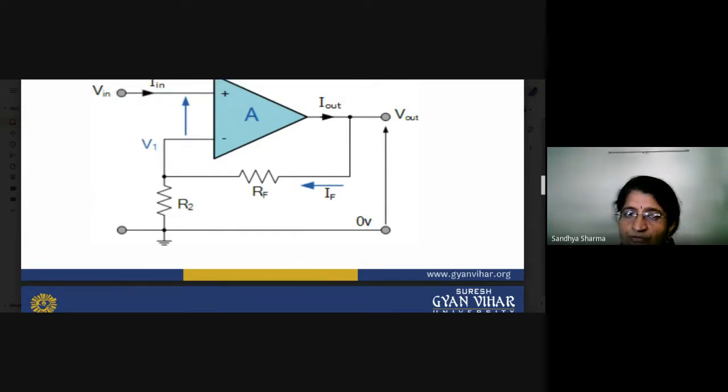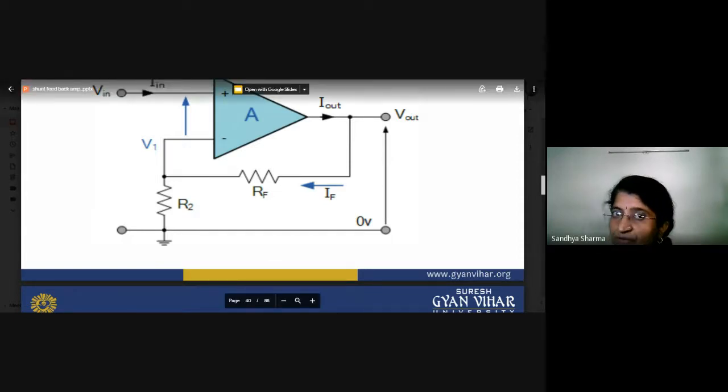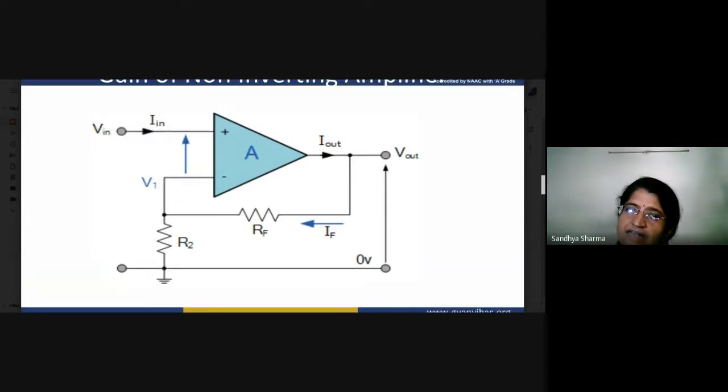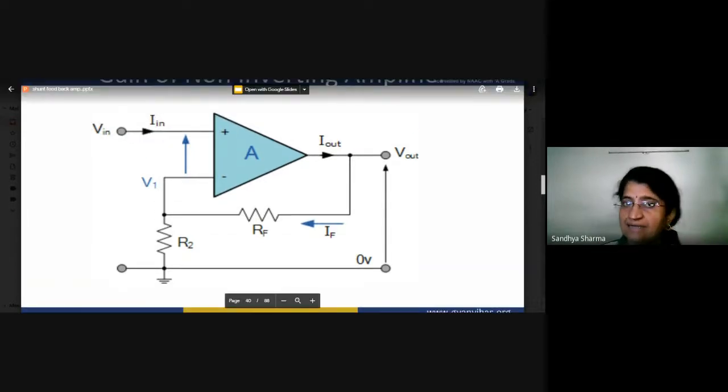First calculate the drop across R2. The drop across R2 is R2 upon the total resistance R2 plus Rf, into V0, and that is equal to V1. In ideal conditions, we assume that both are equal, that is, VIN is equal to V1.